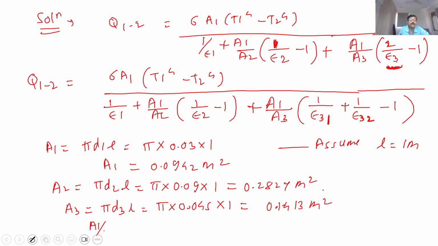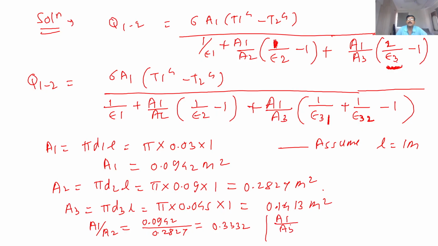Now we'll calculate A1 by A2. A1 is 0.0942 divided by A2, 0.2827. This comes around 0.3332. And A1 by A3 we will calculate, because there is a term A1 by A2 and a term A1 by A3 in the formula.